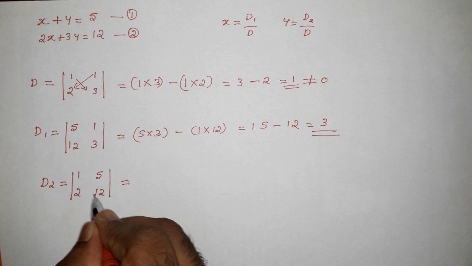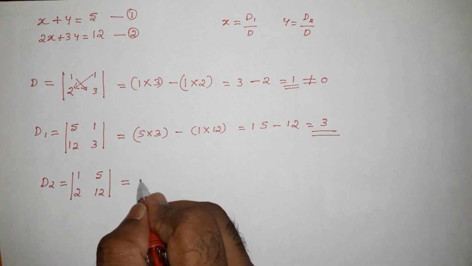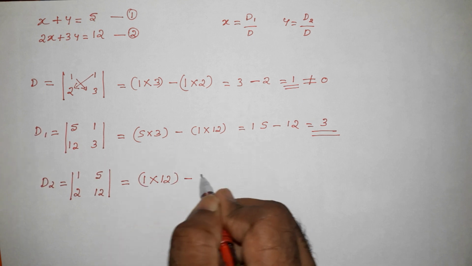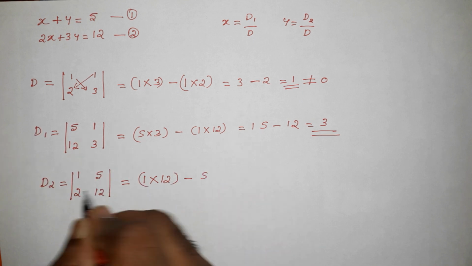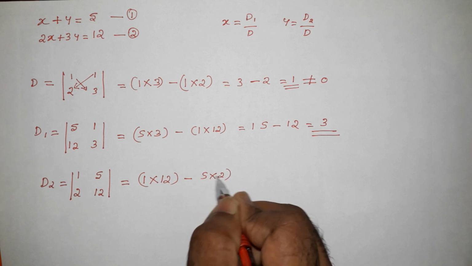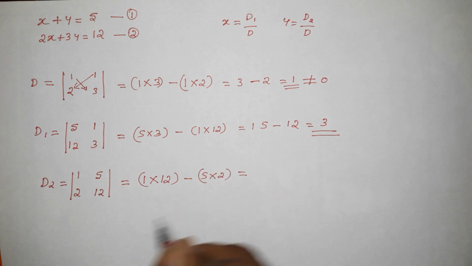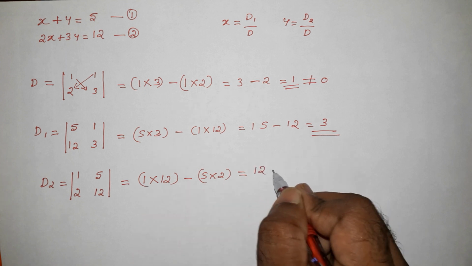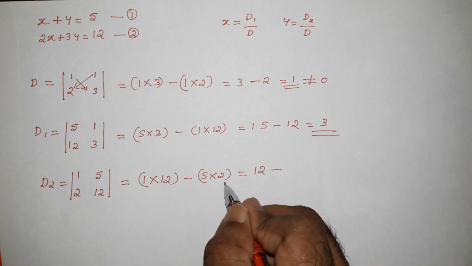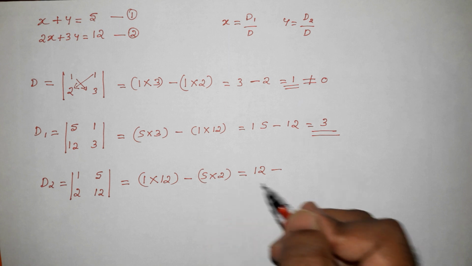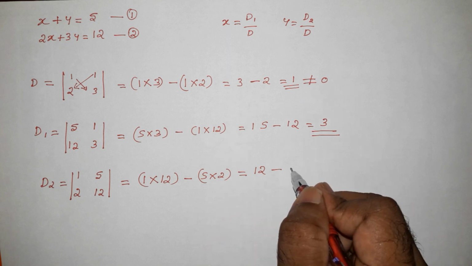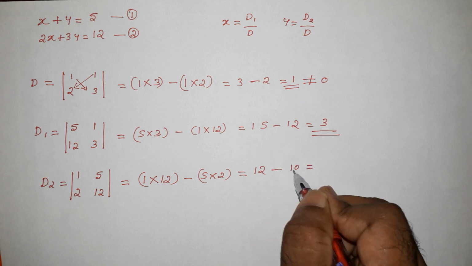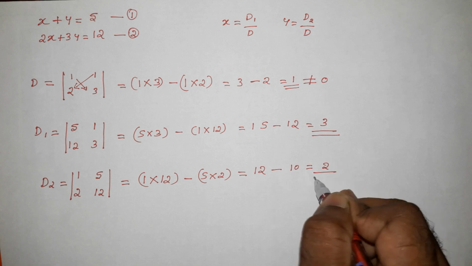Solving the determinant, that is cross multiplication, 1 into 12 minus 5 into 2. 1 into 12 is equal to 12 minus 5 into 2 is equal to 10. 12 minus 10 is equal to 2.